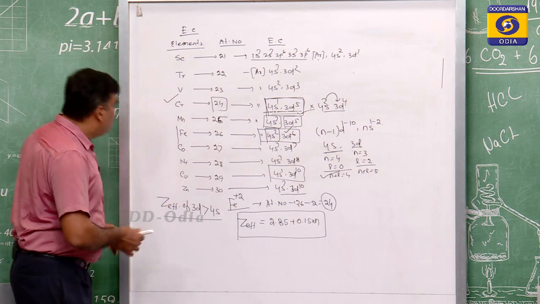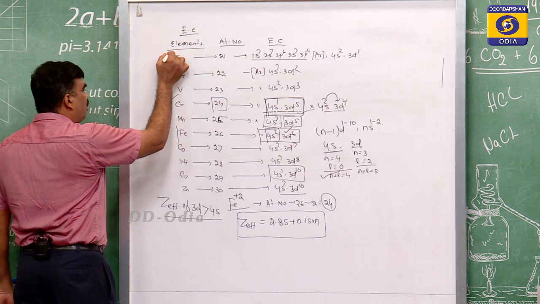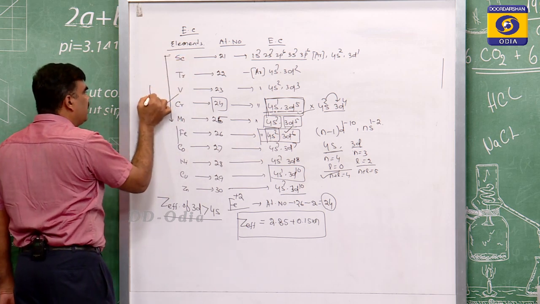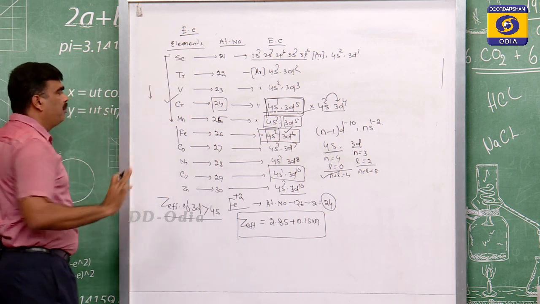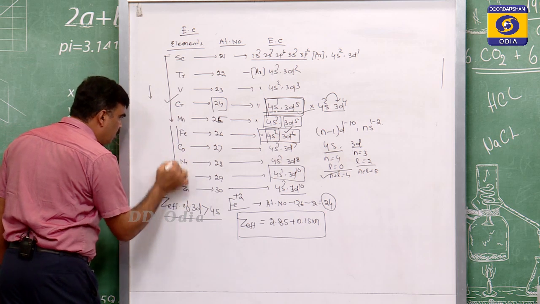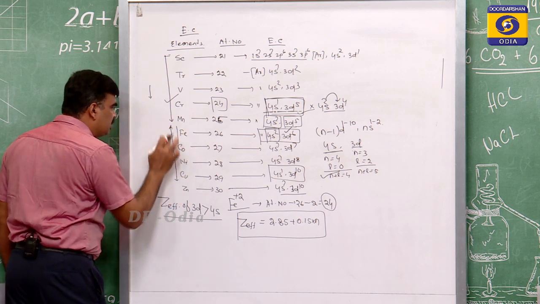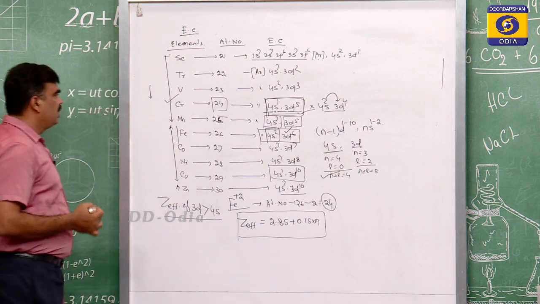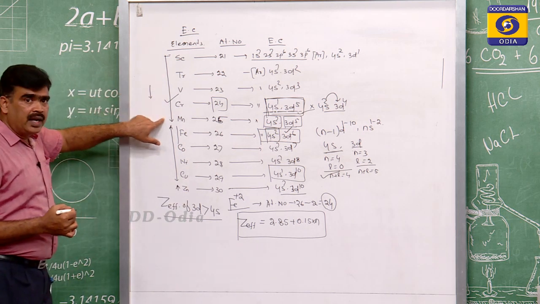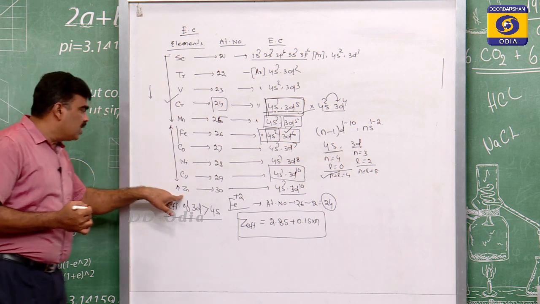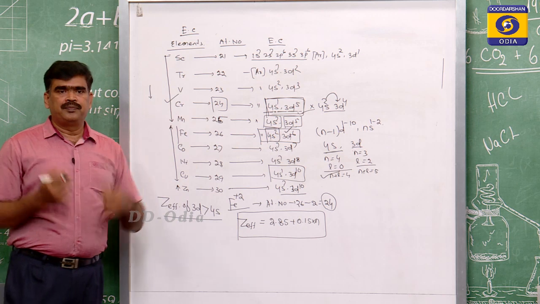From scandium to manganese, size decreases smoothly, no problem. But from iron to copper, size remains almost constant, then towards the end size increases. Size initially decreases up to manganese, then almost remains constant up to copper, and towards zinc it again increases.